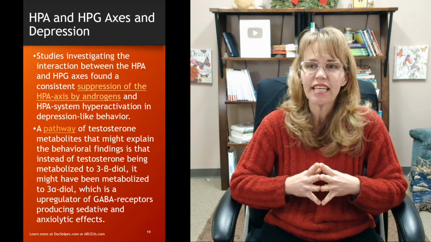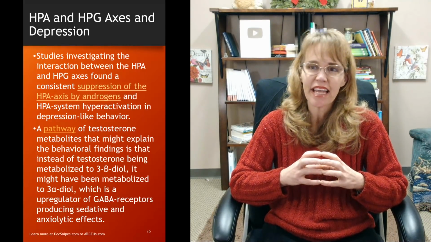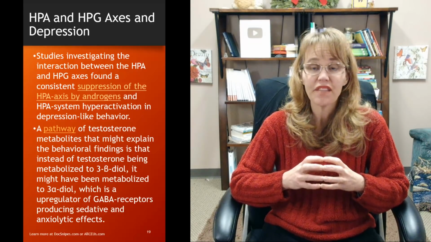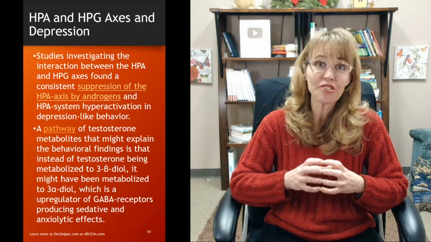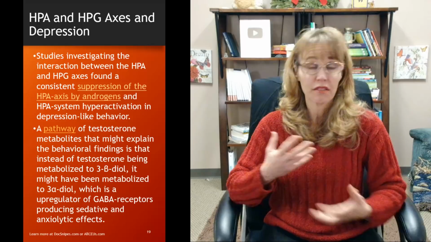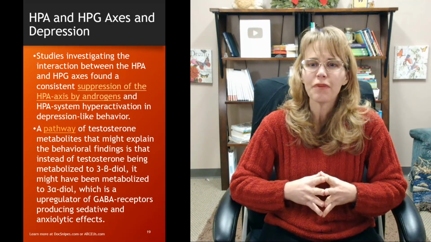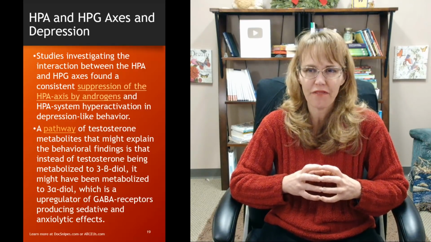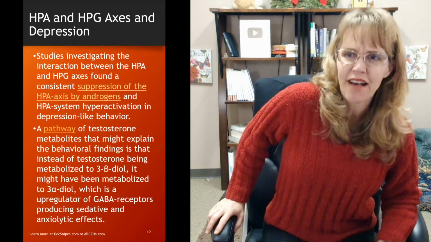Studies investigating the interaction between the HPA and HPG axes have found consistent suppression of the HPA axis by androgens, which are your male sex hormones, and the HPA system hyperactivation in depression-like behavior. Okay, so let's break that down for a second.